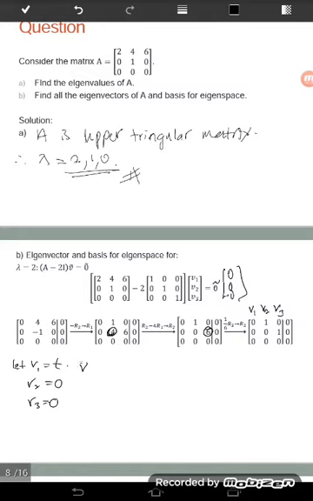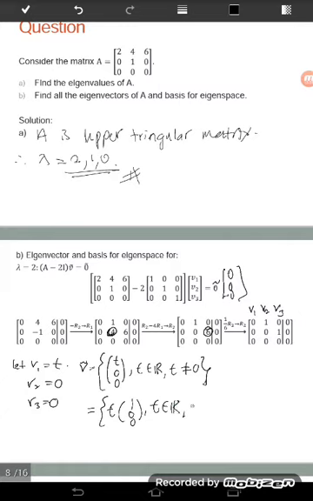Therefore we have the eigenvector which is equal to T, 0, 0, such that T is an element of real numbers and T cannot equal to 0. Or you can write down as T times 1, 0, 0 for T an element of real numbers and T cannot equal to 0.